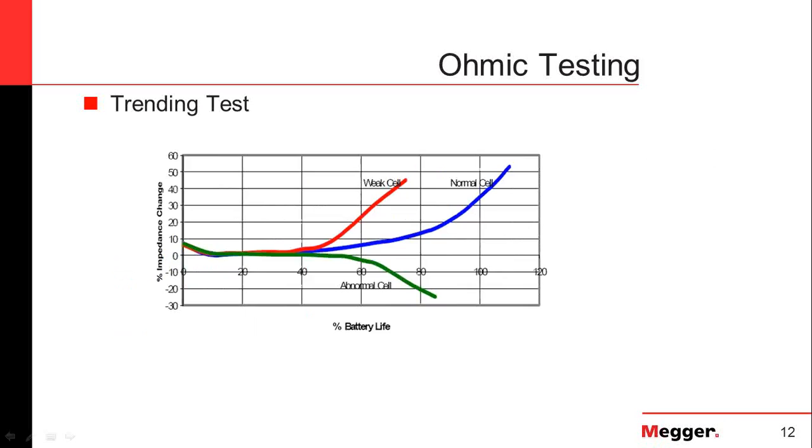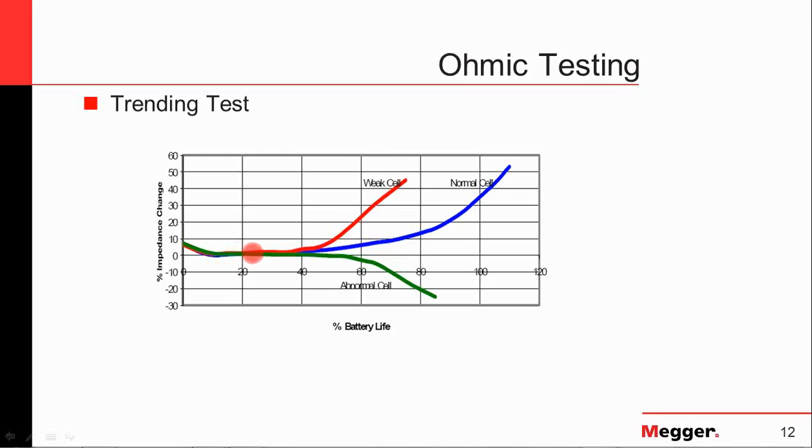And what you'll see on a trend, on my x-axis I have the percent of battery life versus the percent impedance change, and I have 3 different conditions that can occur. The blue trace being a normal cell, that it starts out, all of them start out a little bit high, they'll fully form and come into some low value, and so right here where my laser is, that would be considered my baseline.